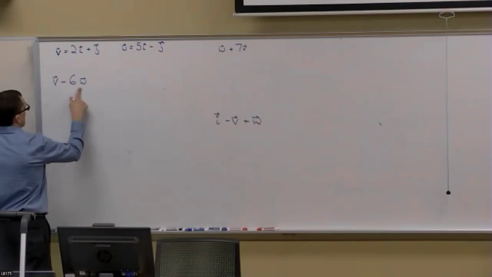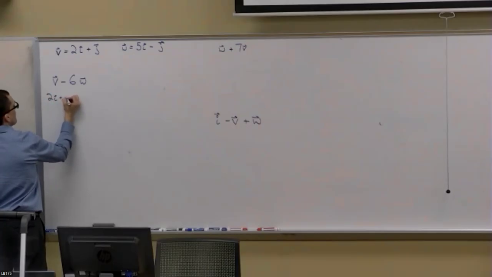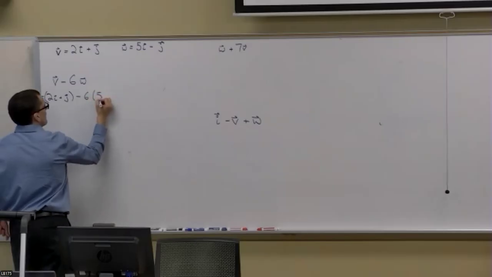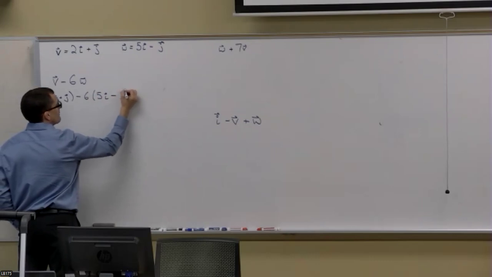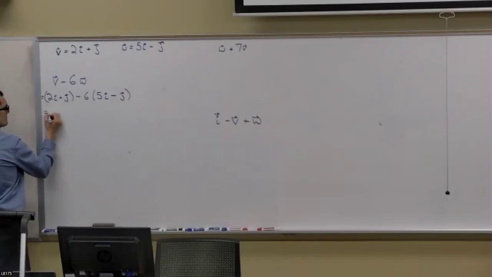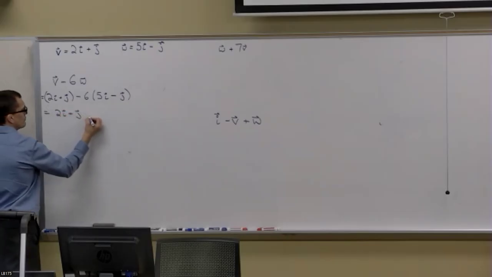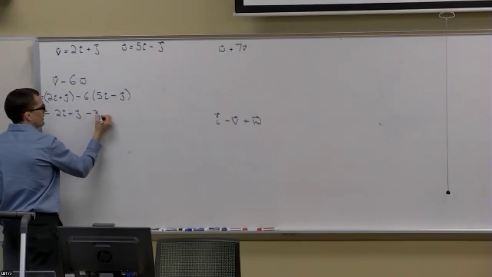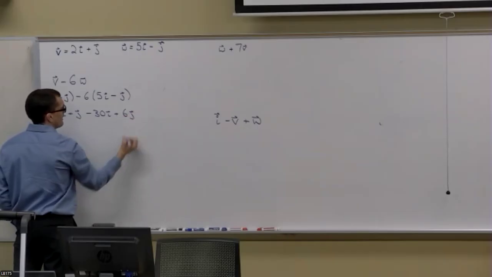When it says V minus 6W, we can take 2I plus J, set equal, minus 6 times 5I minus J. When you distribute that minus 6, we get minus 30I plus 6J.